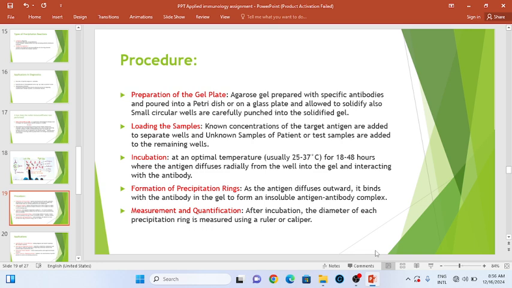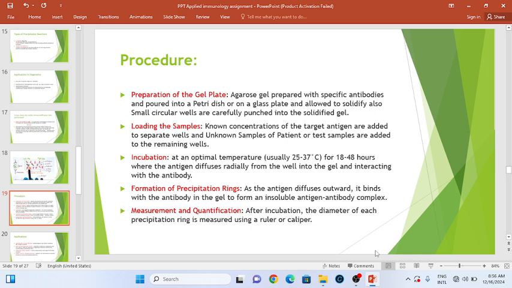The second one is loading samples, meaning known concentrations of target antigen are added to separate wells and an unknown sample from the patient or test sample is added to the remaining well. Third is incubation.